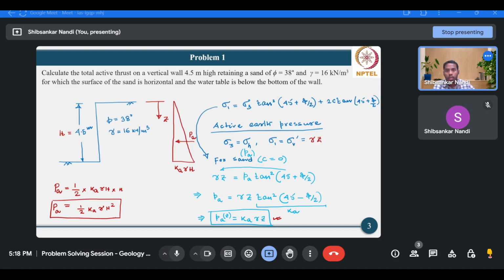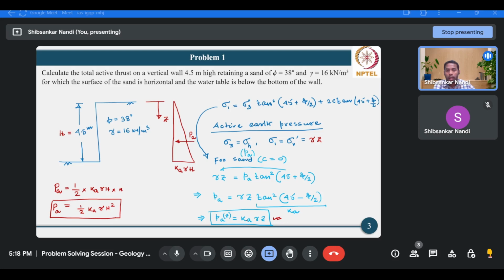There is no inclination and there is no water table. So you can start solving this problem directly from here, where gamma is the unit weight of the backfill, Z is the depth from the top surface of the backfill, and Ka is the earth pressure coefficient at active condition.